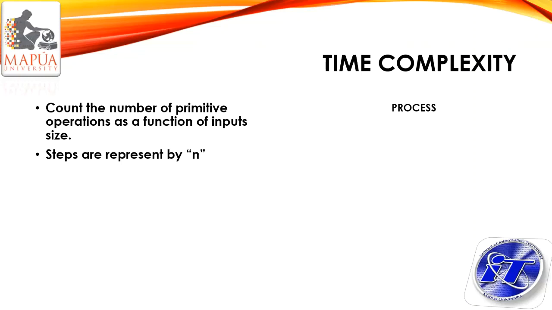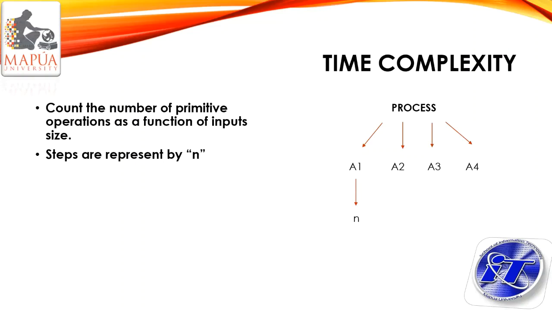So let's have a certain process, and definitely this process could be run in different ways. So we have approach 1, approach 2, approach 3, approach 4, and each approach will have a different time complexity because each algorithm has different ways in processing. So A1 could be based on number of n.